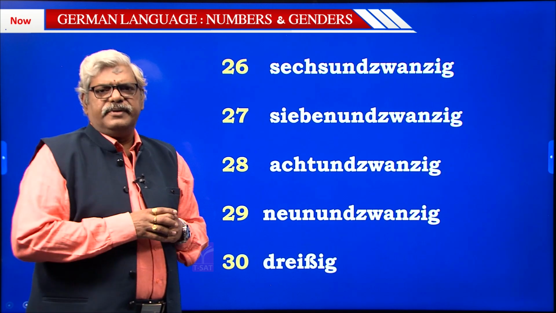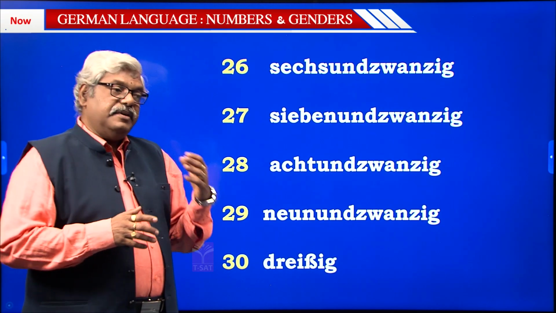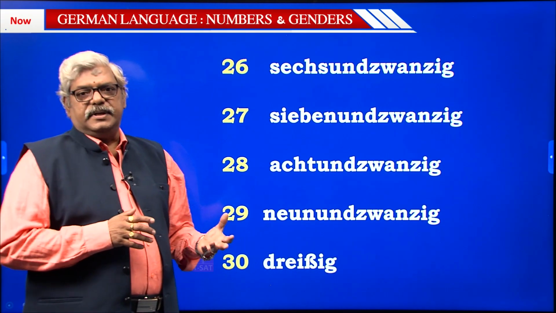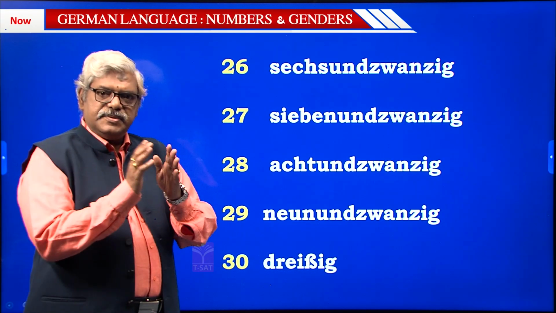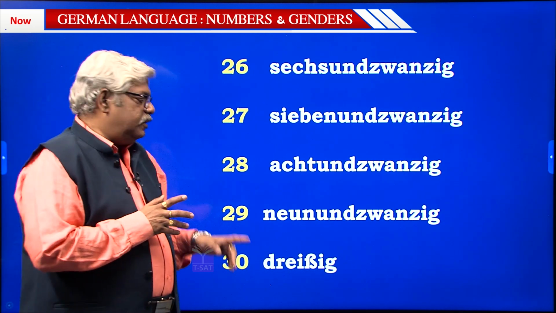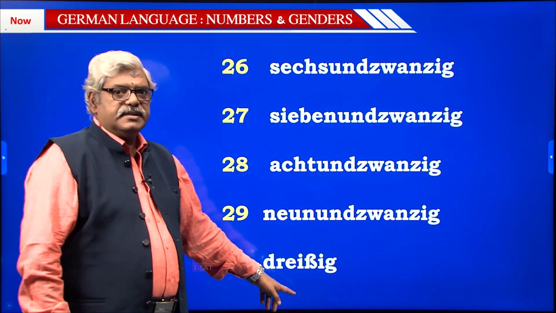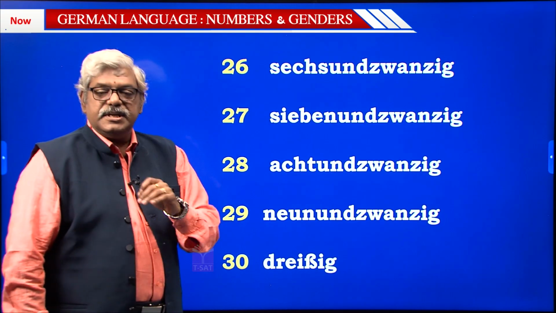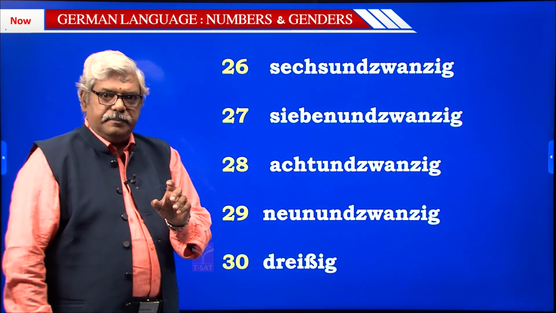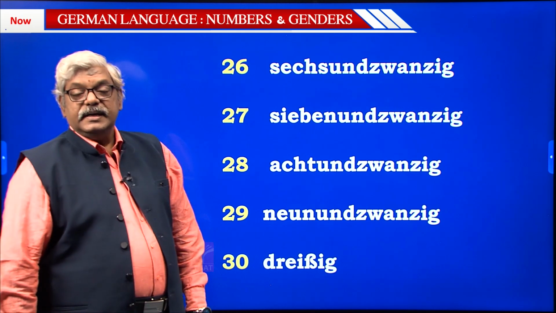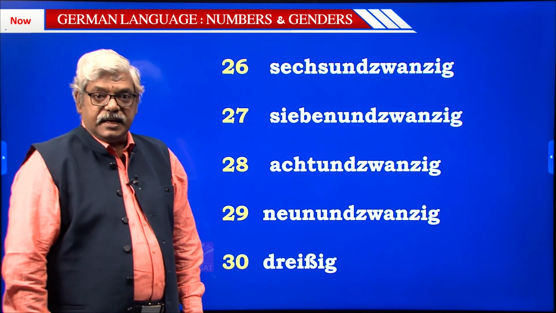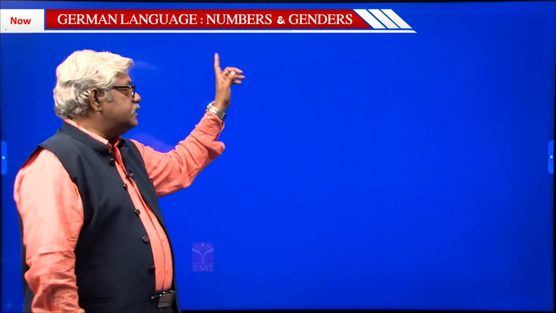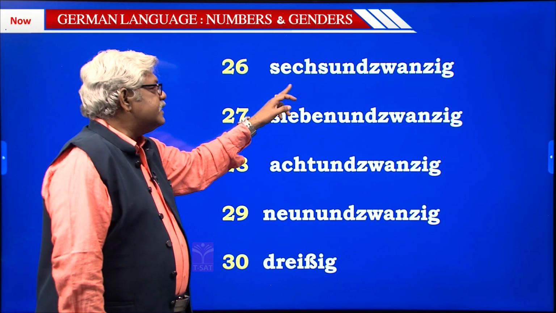Over there also you find spelling changes. Even in Indian languages or any language for that matter, you find spelling changes there. Similarly over here for 30. Pronunciation is same, the ending part is same, but the spelling is different.